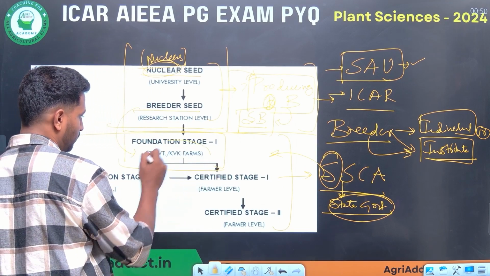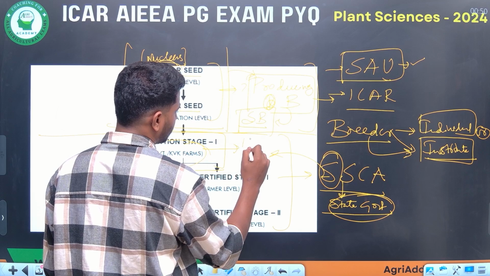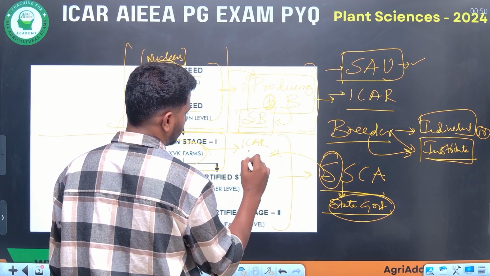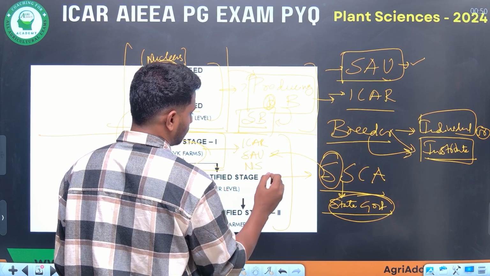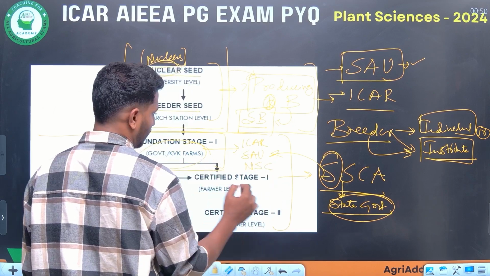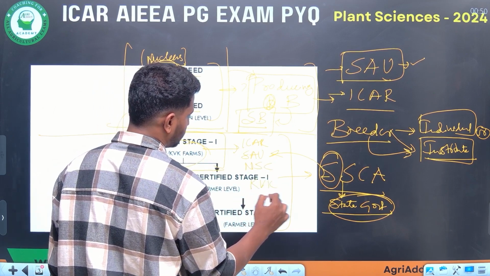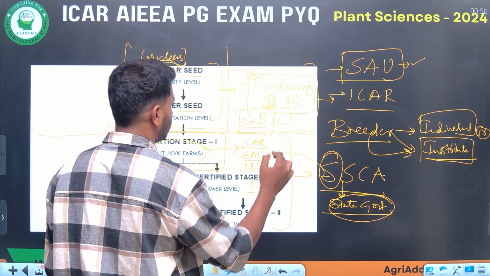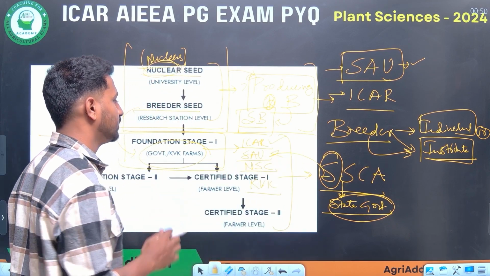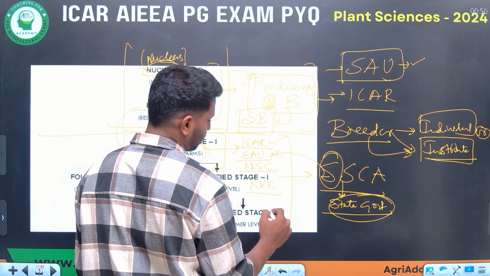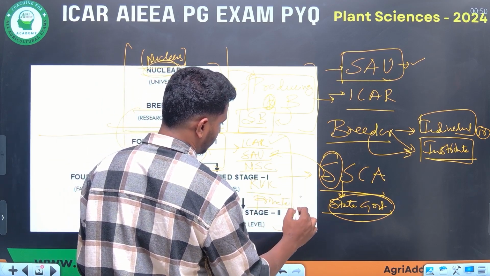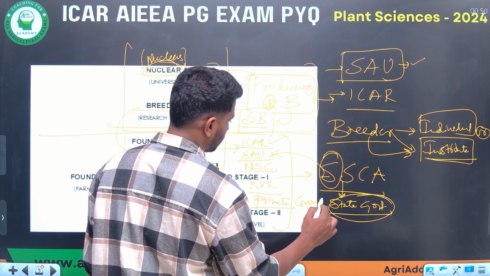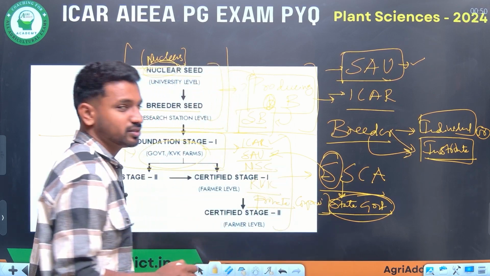And where will it be produced? Again, it will be either in the ICAR institutes or the SAUs. Along with the SAUs, it will be the NSC or National Seed Corporation, and it can be state KVKs in different states. So these are the main areas where the foundation seeds will be produced. Along with this, it can also be produced by recognized private companies which hold permission from the agencies.